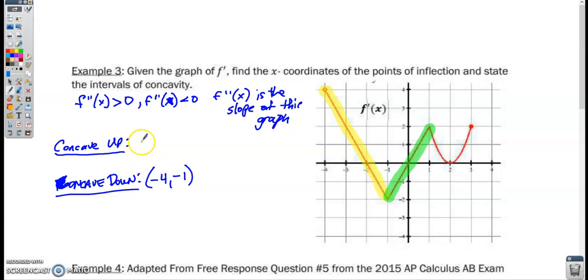So that's going to be from -1 to 1. The function f is concave up.